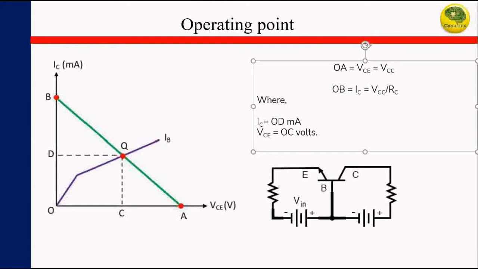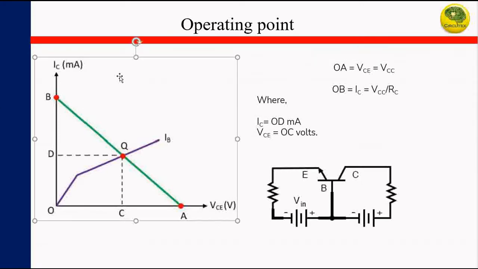It is to be noted that there are two conditions. The first one is the saturation region and the other one is the cutoff region. In the saturation region, both the collector base region and the emitter base region are in forward bias condition, that is, heavy current flow is present.